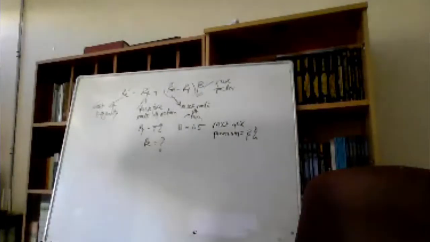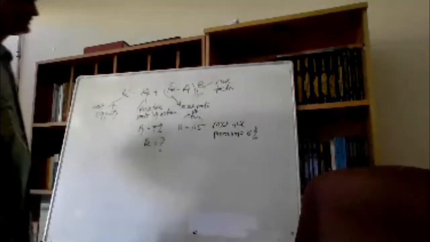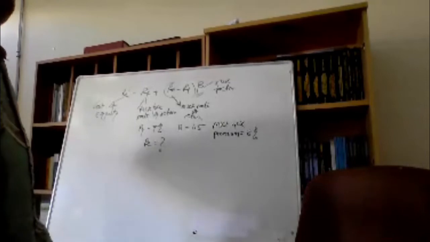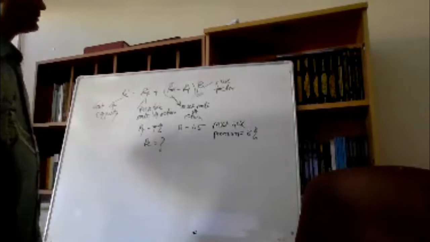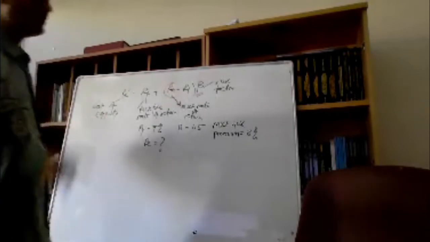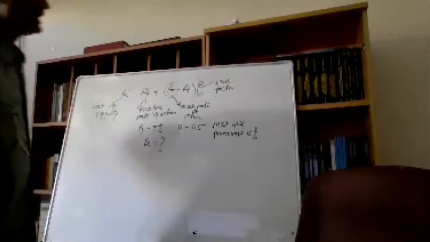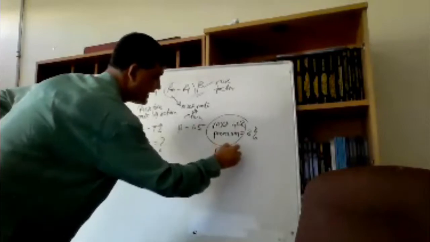Can you? So are we using the same formula? Yes, same formula. Okay. I did not give you market rate of return, rather I've given you market risk premium. There is the difference. Market risk premium means RM minus RF.